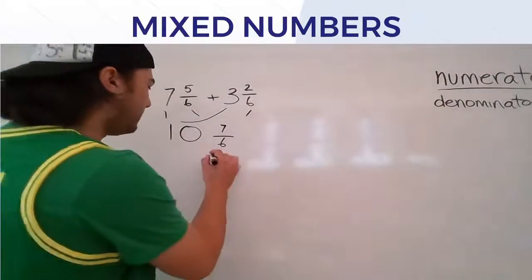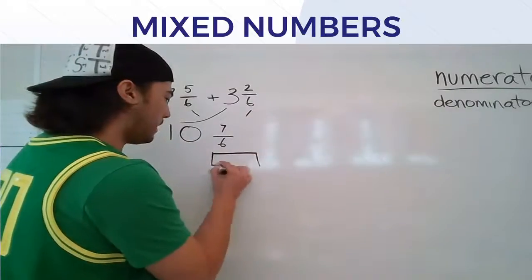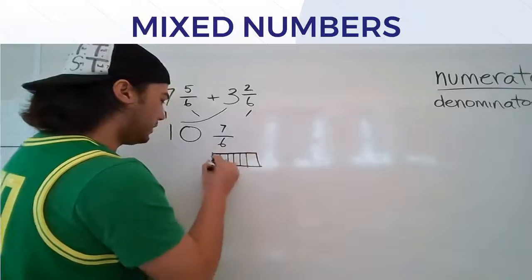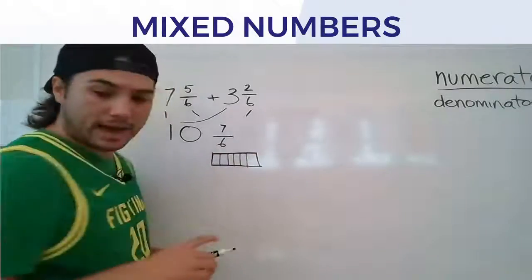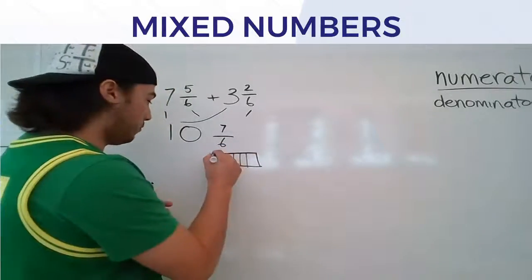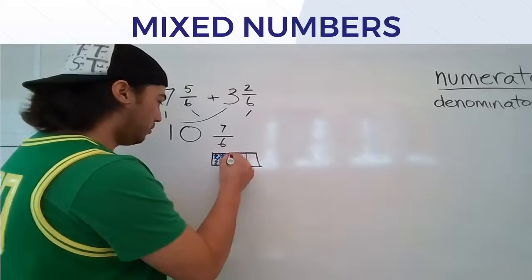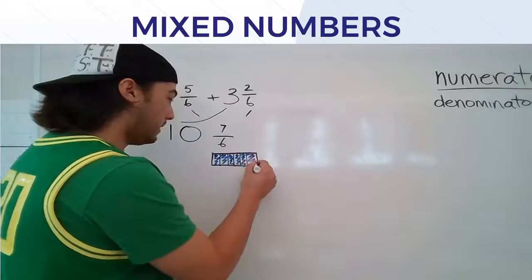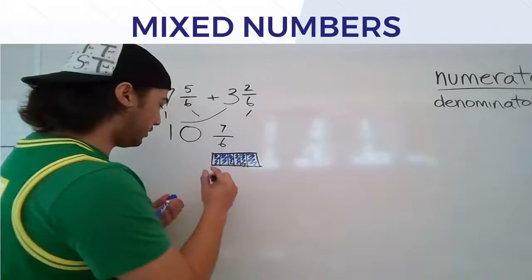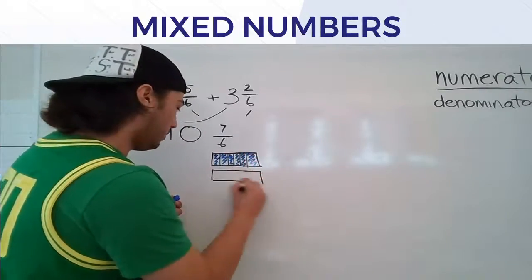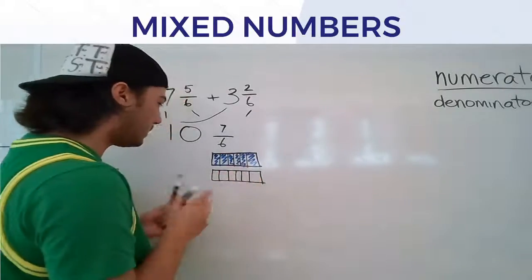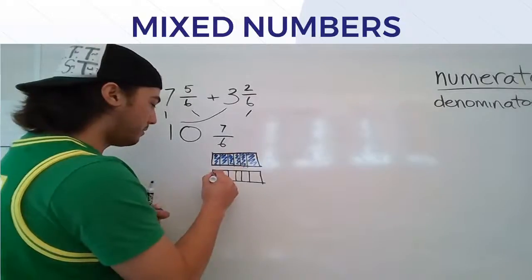Because we have 7/6, and let's draw that out in a fraction bar, right? So here's our sixths, and if we have 7 of them, 1, 2, 3, 4, 5, 6. We need another fraction bar because we've made a whole number. And here's our 7th sixth.